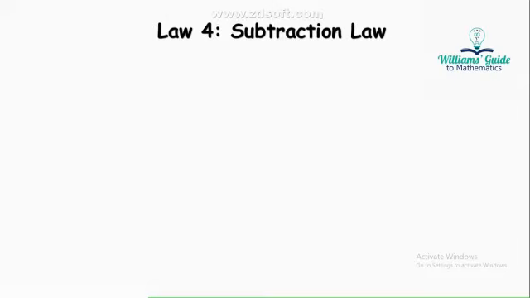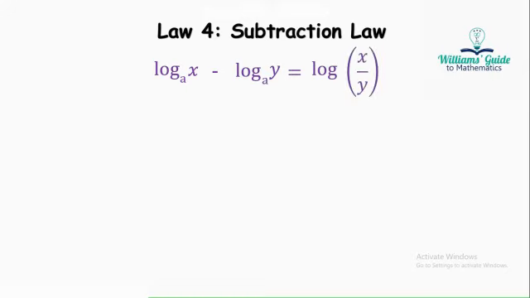The last law we'll be considering in this class is law 4, called the subtraction law, a bit similar to the addition law. We have log x to base a minus log y to base a. That will give log x over y to base a.